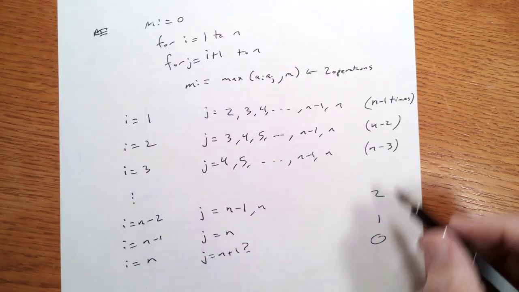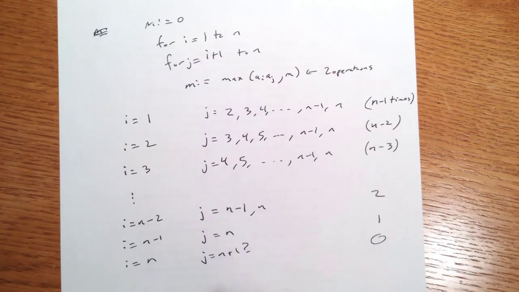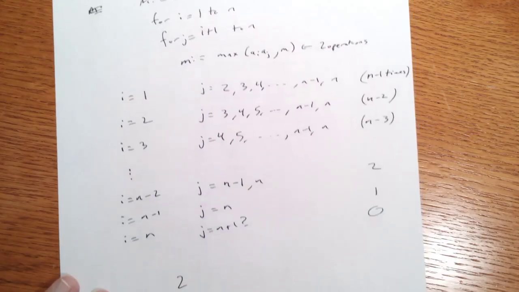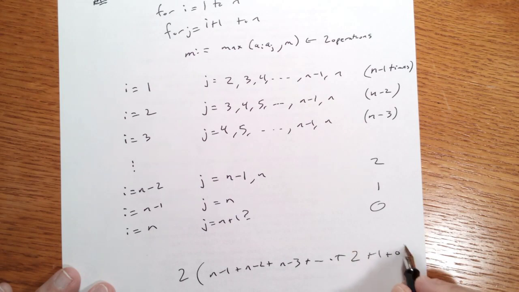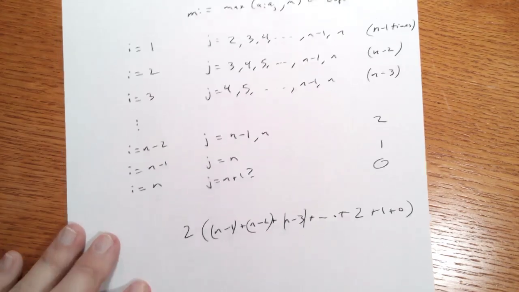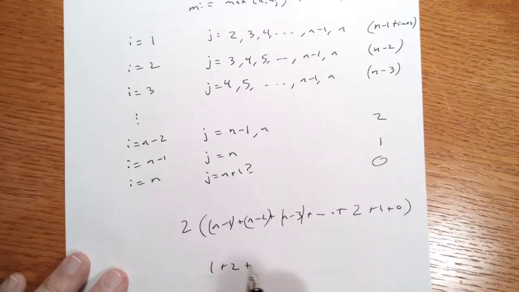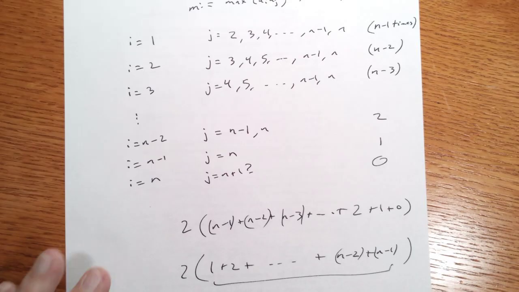Oh, so how many times does this thing get done? The two operations get done that many times. Wait a minute. I'm going to write those in the other order: 1 plus 2 plus n minus 2 plus n minus 1. That's the sum of a bunch of numbers in a row.